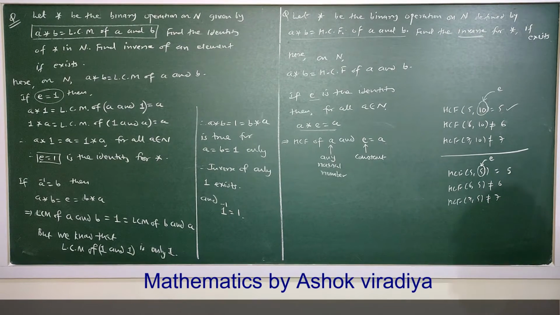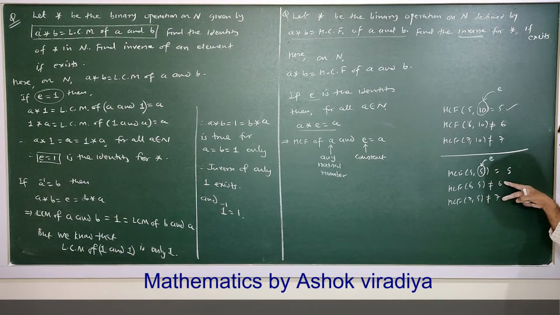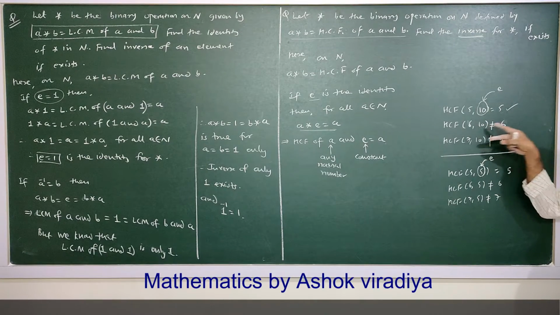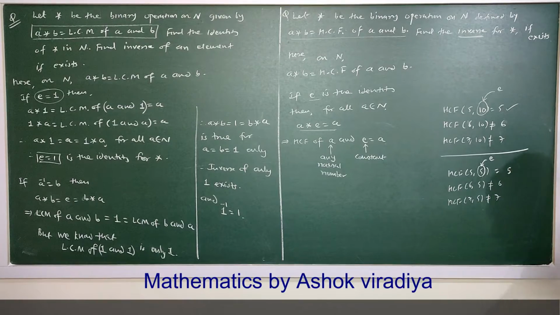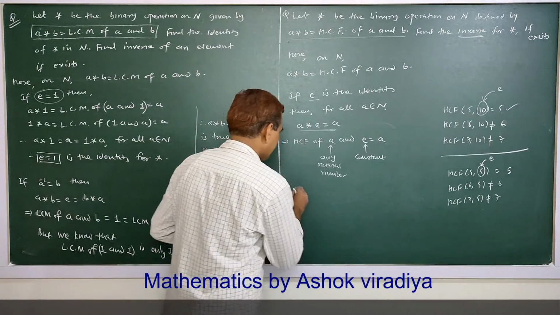E must be fixed, and for that same value of E, all statements must also be true. If you take E as 5, then everywhere the same number should be here. If you take E as 10, the same number should be here. So a fixed constant E does not exist.